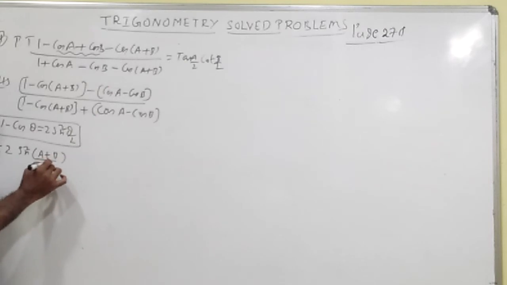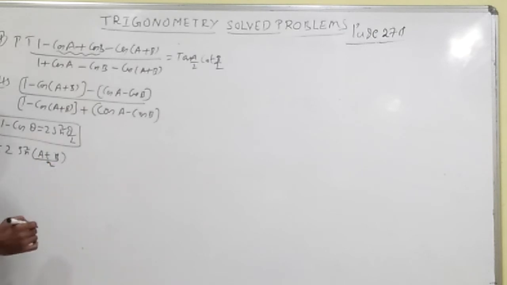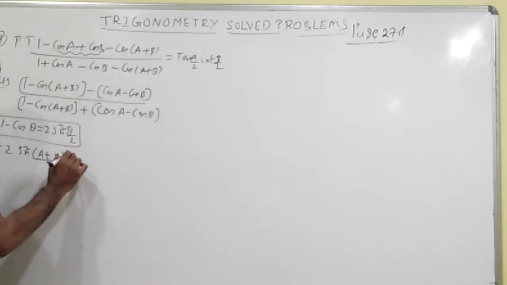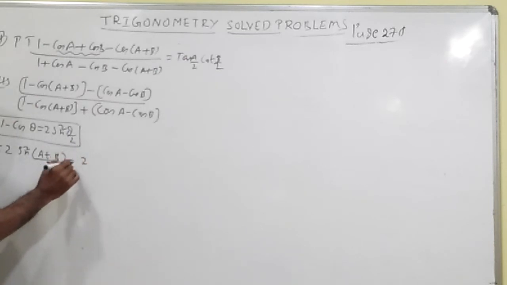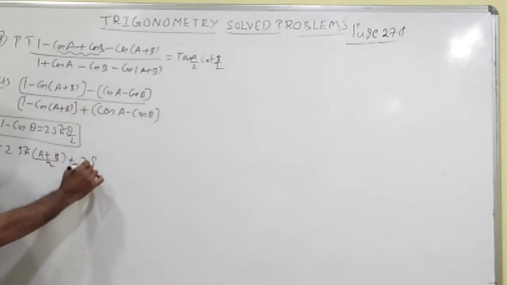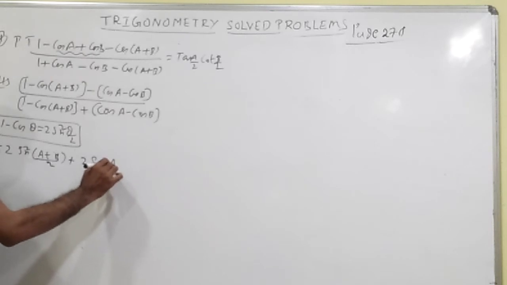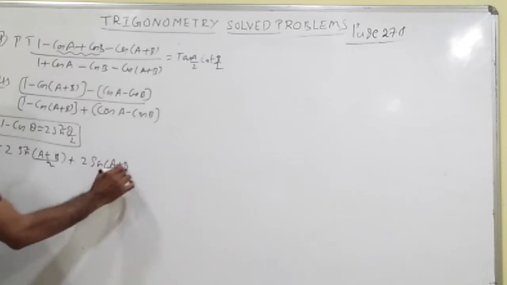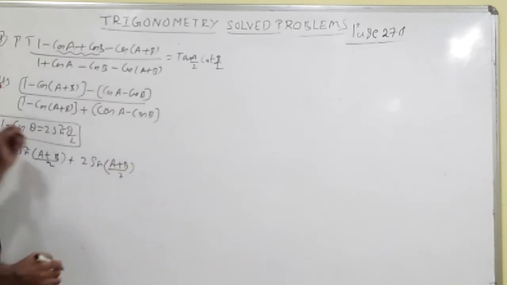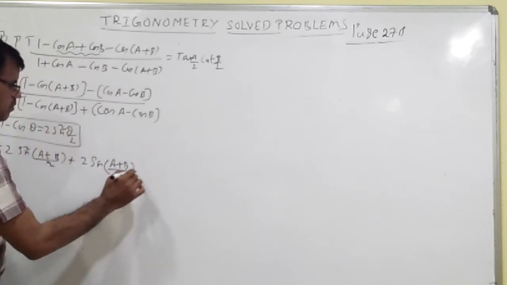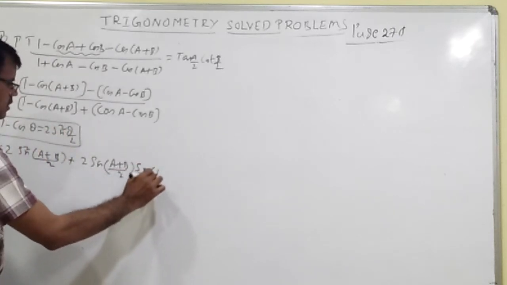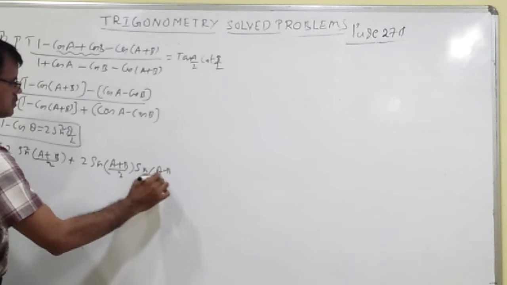Now cos c minus cos d formula: cos c minus cos d is minus 2 sin c plus d by 2 sin c minus d by 2. So minus of minus becomes plus here, 2 sin of a plus b by 2 into sin of a minus b by 2.